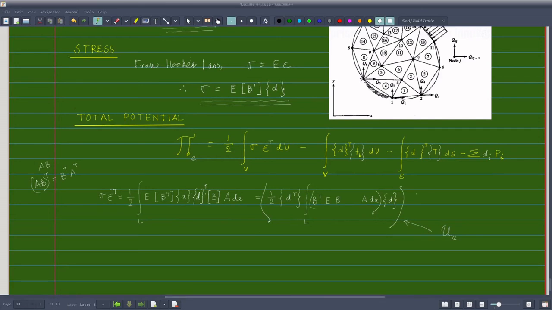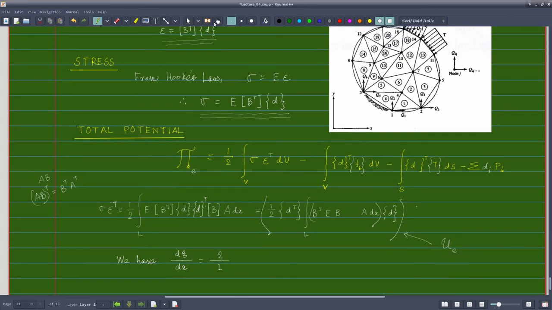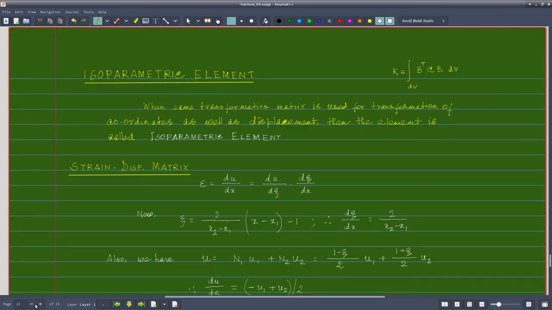So for that, I know that d xi by dx, earlier we have found, was my 2 by L. Remember, 2 by L. Here we can see it in the earlier page.